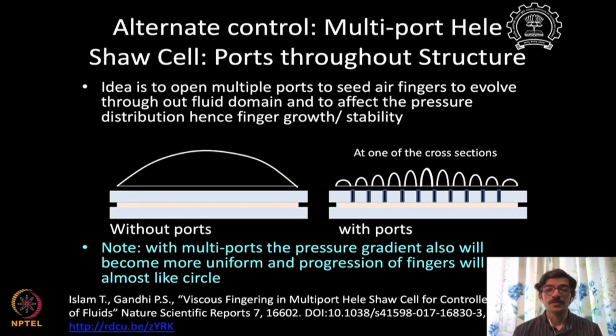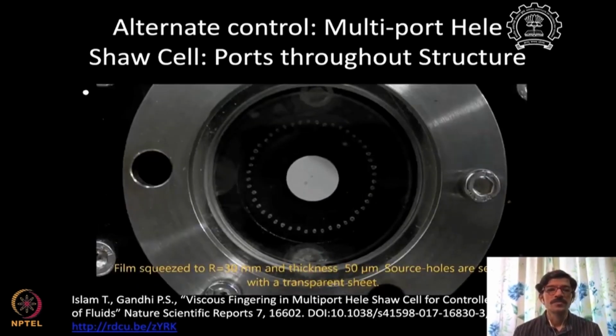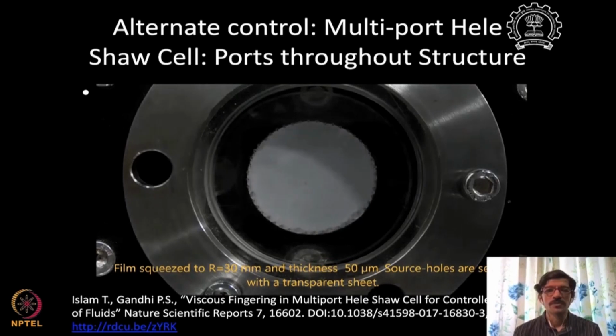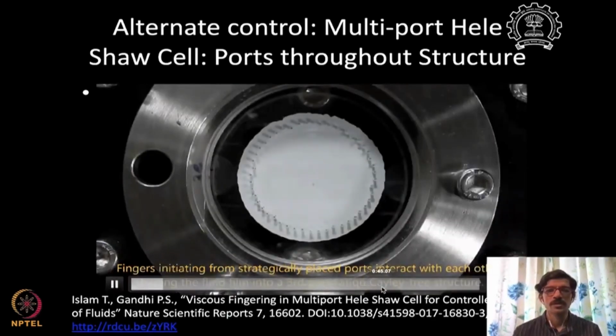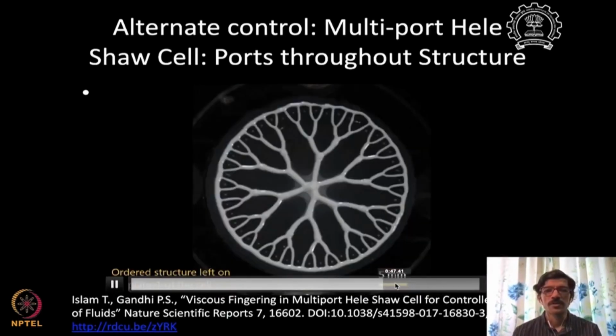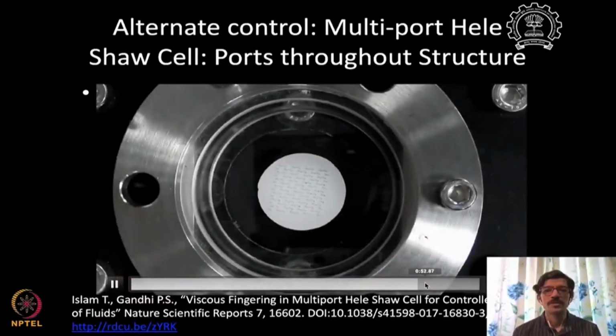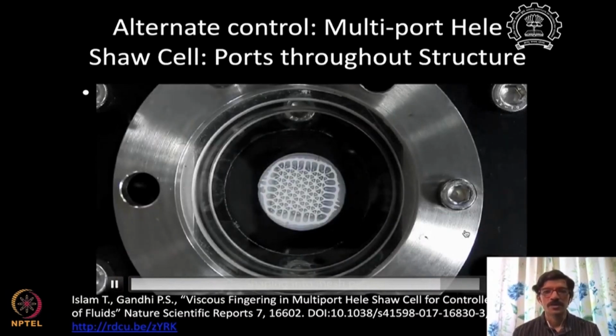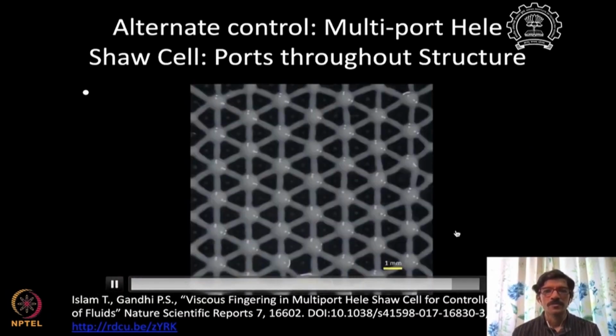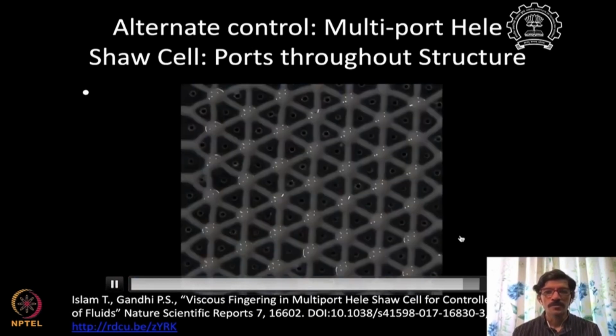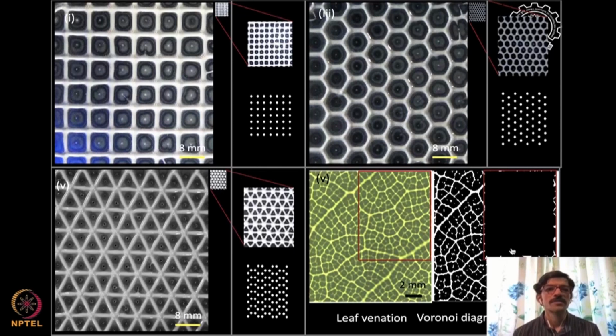So these pressure gradients, as we saw already in the previous video, are also working now to give you these different kinds of patterns. You can see this triangular shape pattern here, and we'll show some other patterns also. These are the other patterns that can be produced.